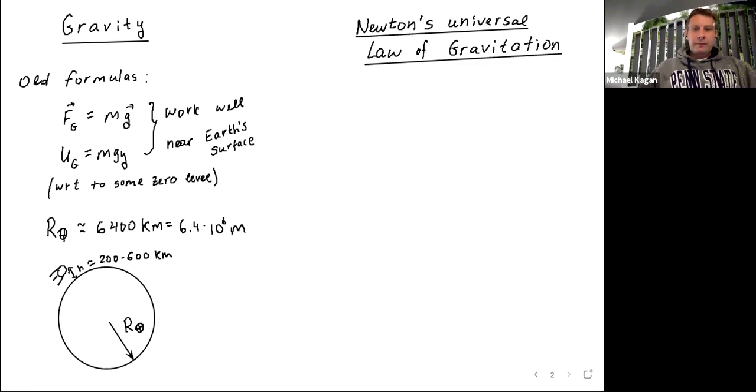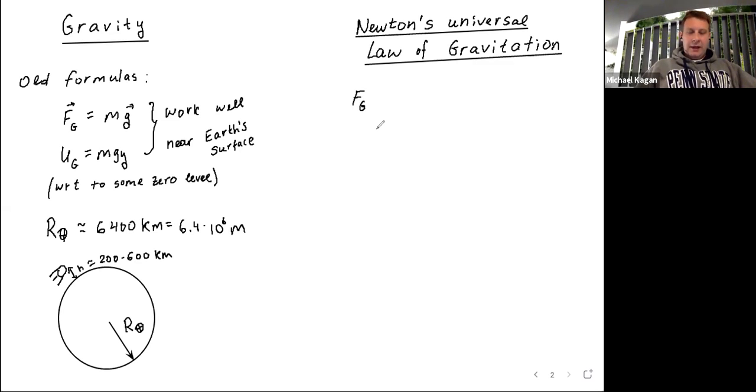Okay. So what is it? Well, Newton figured that the gravitational force exists between massive objects. And he did say objects, however, it's more correct to say point particles. We'll then discuss what happens if some objects are not point particles.